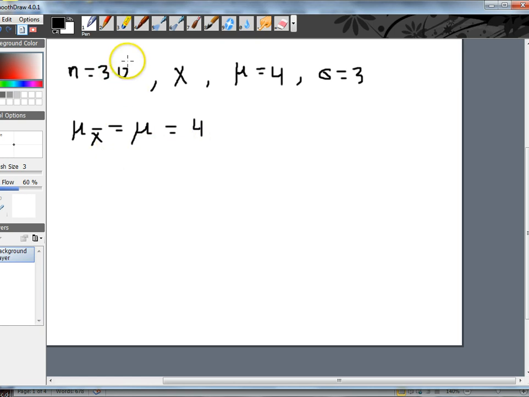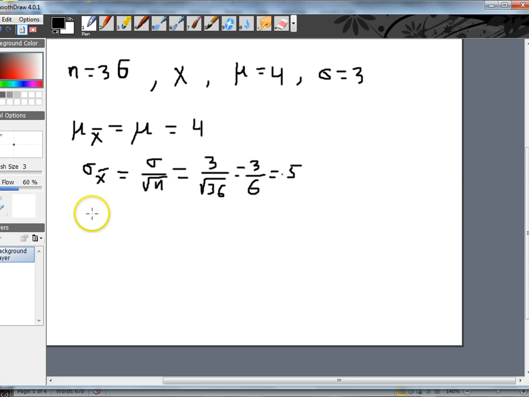And the sample size we said is 36. What's the standard deviation of x bar? Now we know that it's sigma over square root of n, so that's equal to 3 over square root of 36. So that's 3 over 6, which is half.